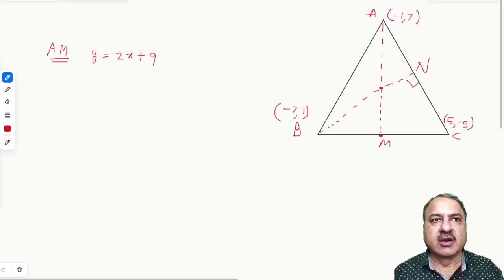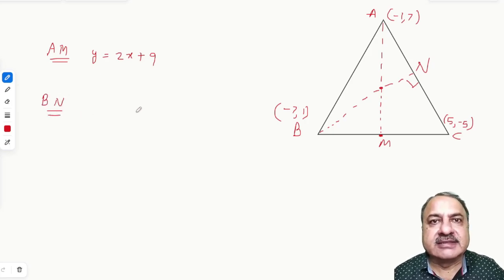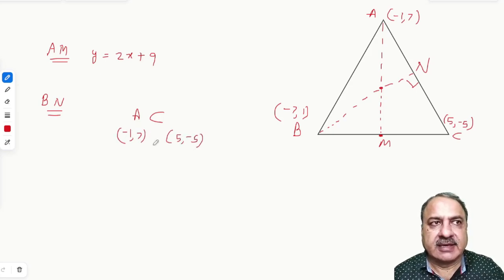Let's focus on BN. We have to find its equation. To get its slope, we will think about the slope of side AC. The coordinates of A are (-1, 7) and coordinates of C are (5, -5). Let's say it is x1, y1, it is x2, y2. The slope of AC is y2 minus y1 over x2 minus x1.